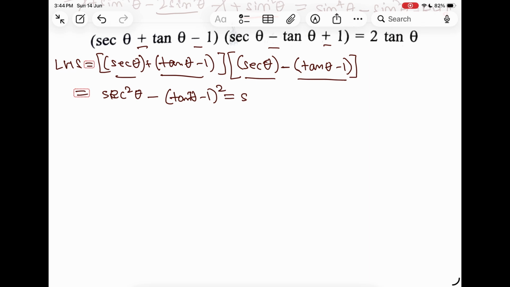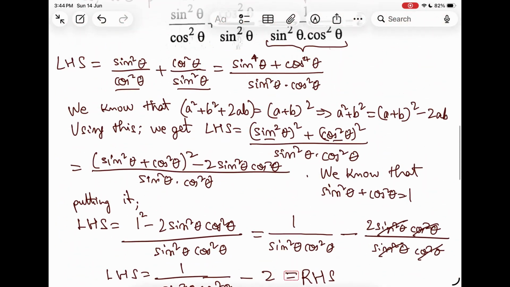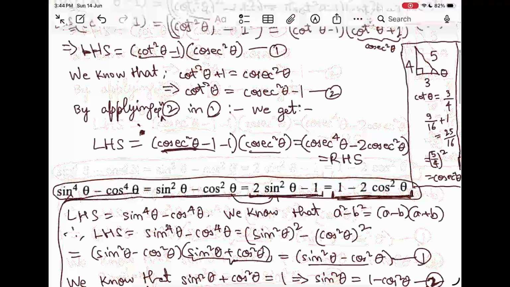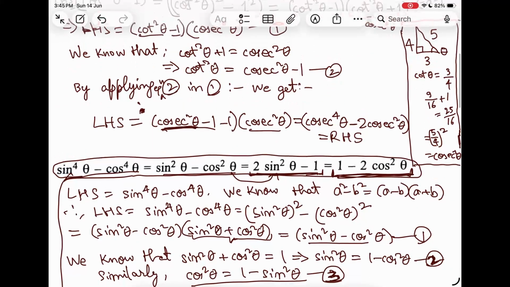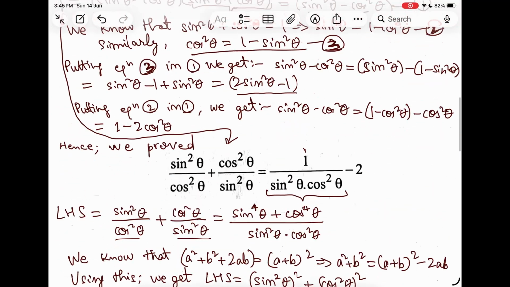Now further simplifying it, as we have seen above that cot square theta plus 1 equals cosec square theta.